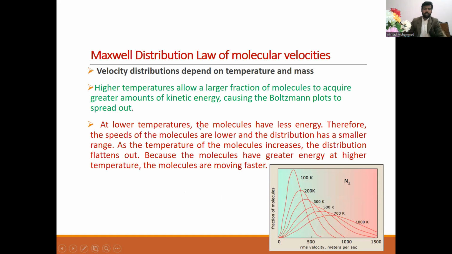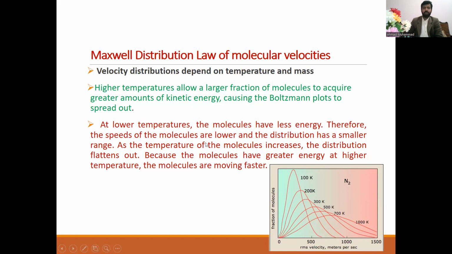At a higher temperature, a large fraction of molecules attain a greater amount of kinetic energy, and that curve will be shown in the graph. At a higher temperature, the fraction of molecules goes into a flattened form. But at a lower temperature, the molecules have less energy.